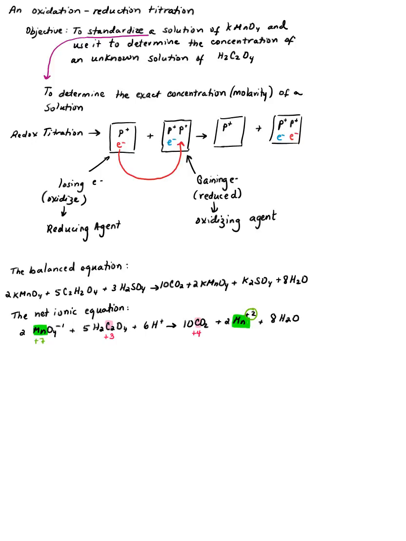Now for the carbon in carbon dioxide, with two oxygen atoms, each one is -2. Group 6 in the periodic table, oxidation number is -2. So you have two oxygens, each one is -2.